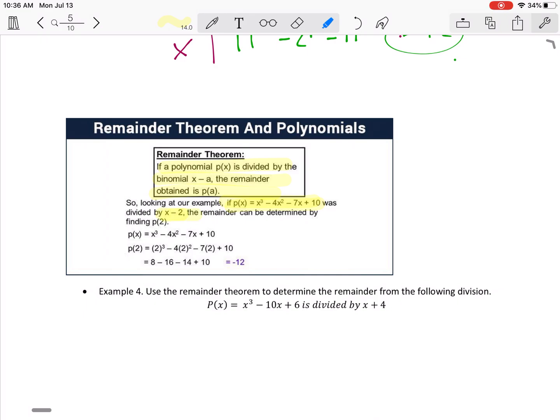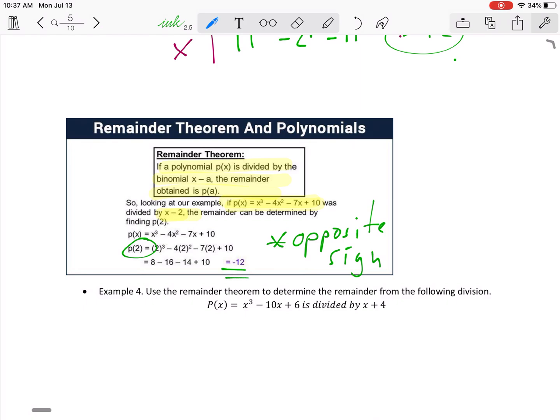The way you would determine the remainder is by substituting 2 into the polynomial. So notice it's x minus 2, but we're substituting 2. So what you see here is you're using the opposite sign. Okay, and then you put that in, and then you get negative 12 as your remainder.